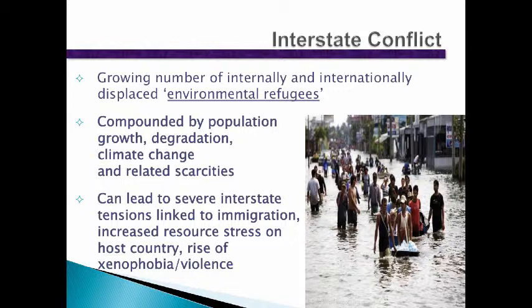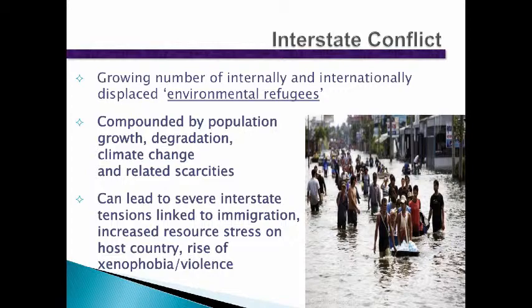So that can create some major problems. It can create tensions between countries, over illegal migration between different states, and it could also lead potentially, and we've seen this in a number of cases, to the rise of xenophobic violence by people in one country against environmental refugees who have joined them, out of fear that they might be taking food or other resources out of the mouths of the local population.